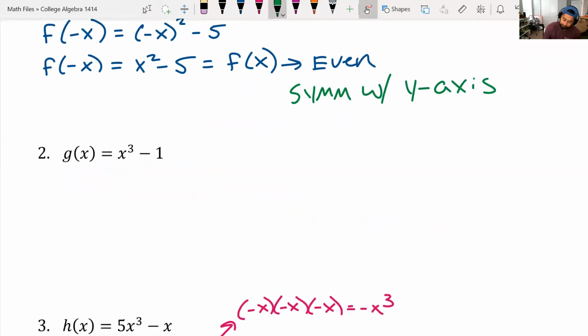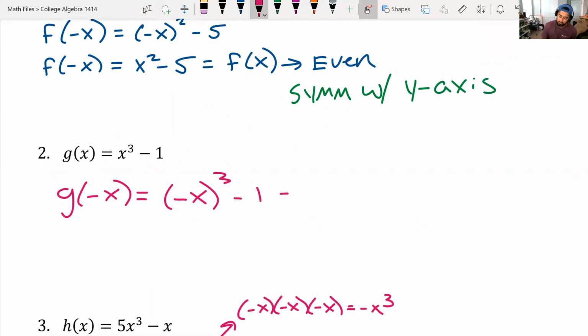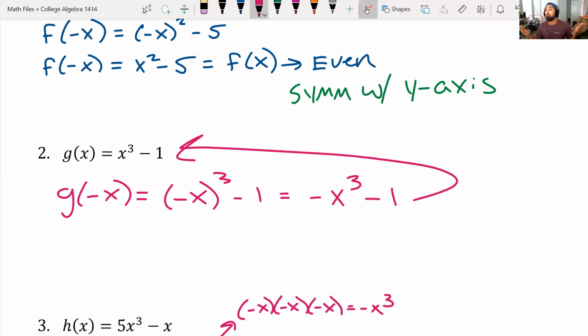2. Do g of negative x. So we're just, again, algebraically checking if these are even or odd. And you'll get negative x cubed minus 1. Did we get back the original function? Did we get back this function? No, so it's not even.